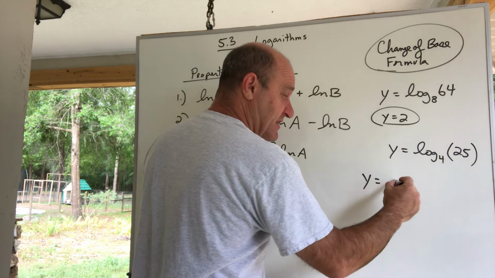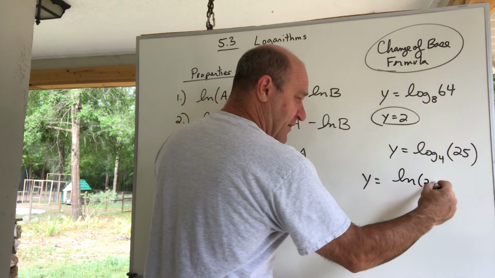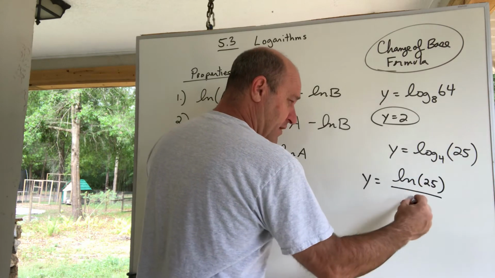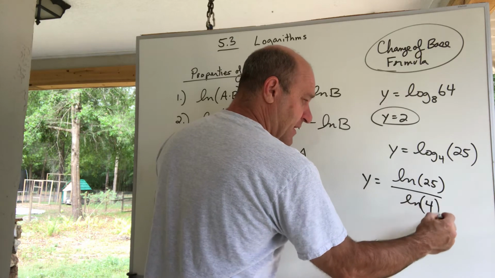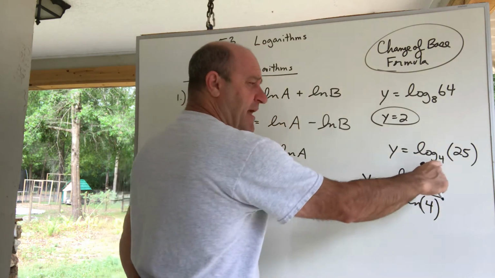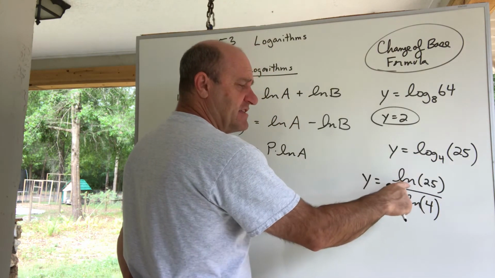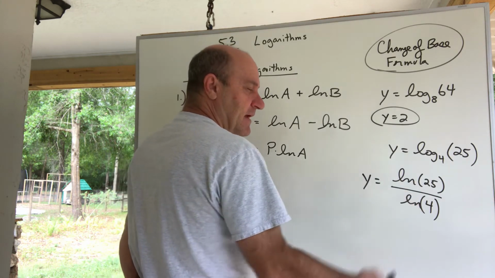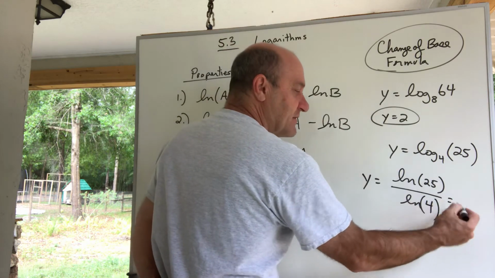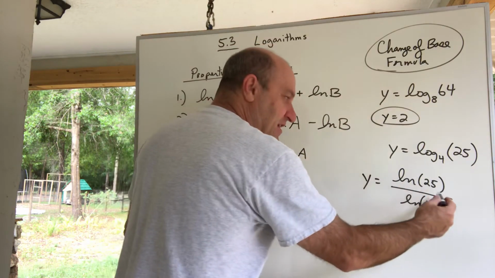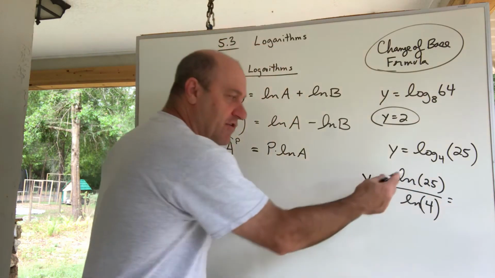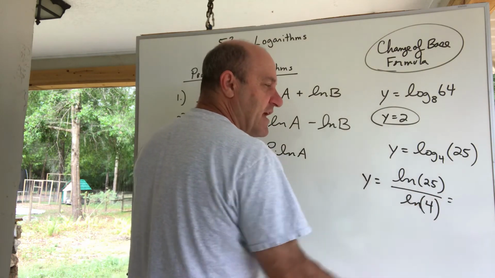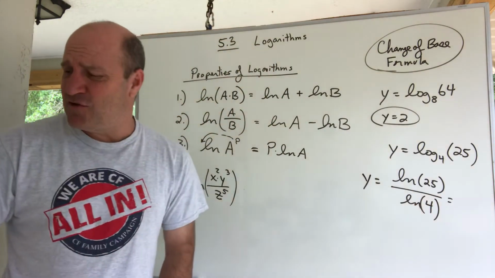It's the same as the natural log of 25 over the natural log of 4. I just changed the base. It was base 4, and I've changed it to this natural logarithm, which we all know is base e. If you do this, you'll get the answer. But again, you punch this in your calculator, you punch this in your calculator, you divide them, be careful, and you get the answer. Like I predicted, I think it's 2 point something.